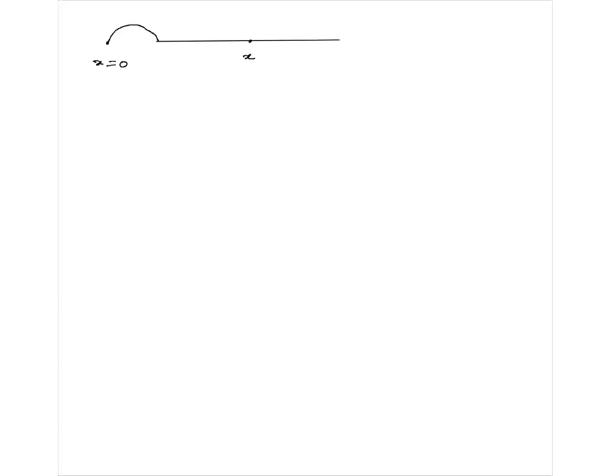Air particle kicking another air particle, that is a progressive wave. But as far as the string of guitar or sitar is concerned, that is a standing wave. So you have got progressive wave, you have got standing wave. We first will talk about progressive wave.